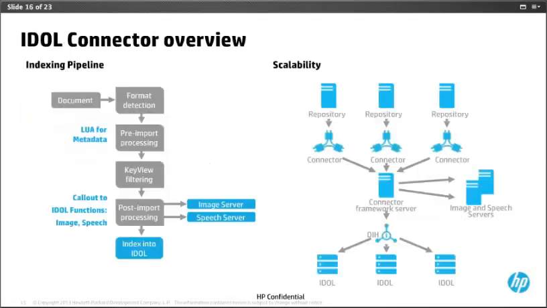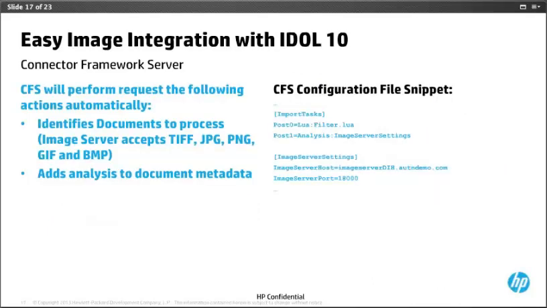So now let's talk a little bit about how we actually apply this technology in your infrastructure. As a reminder, the speech server and image server are components in the connector framework services. And as such, they are accessible through a combination of scripting and configuration. So how do you actually configure the image server to work with IDOL?